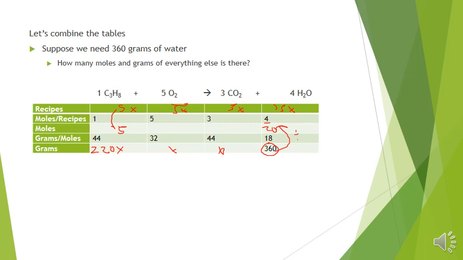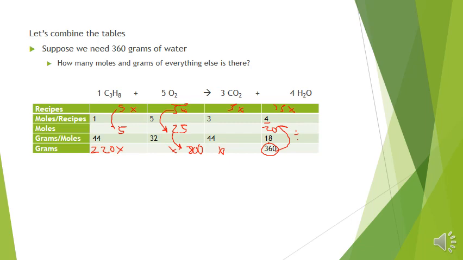Okay, in terms of the oxygen, you do 5 times 5, or 25. And then you do 32 times 25, and that'll be 800 grams.